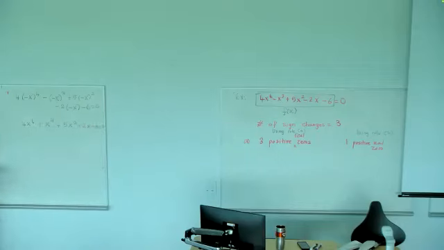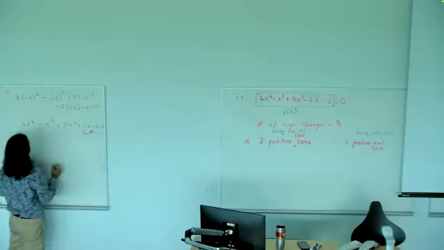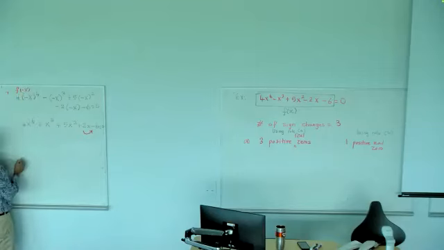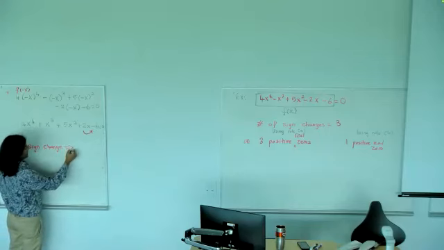Good. And that would imply, well, you have one sign change, and this is f of minus x. Exactly one sign change would mean exactly how many negative real zeros?